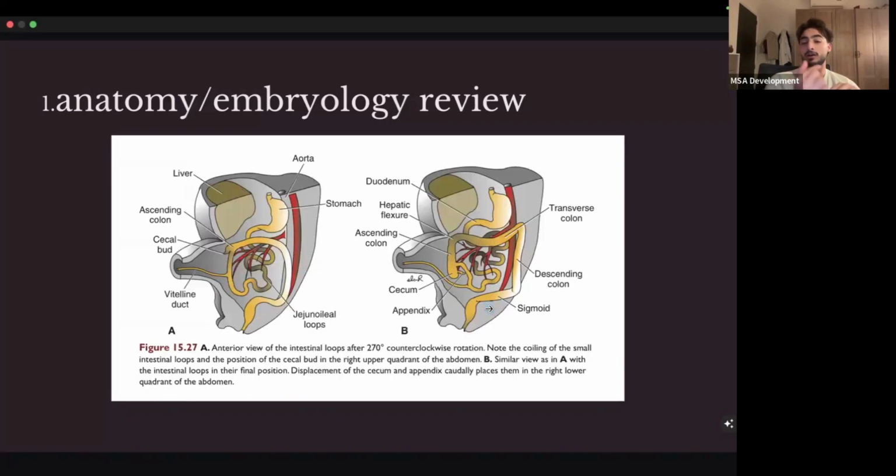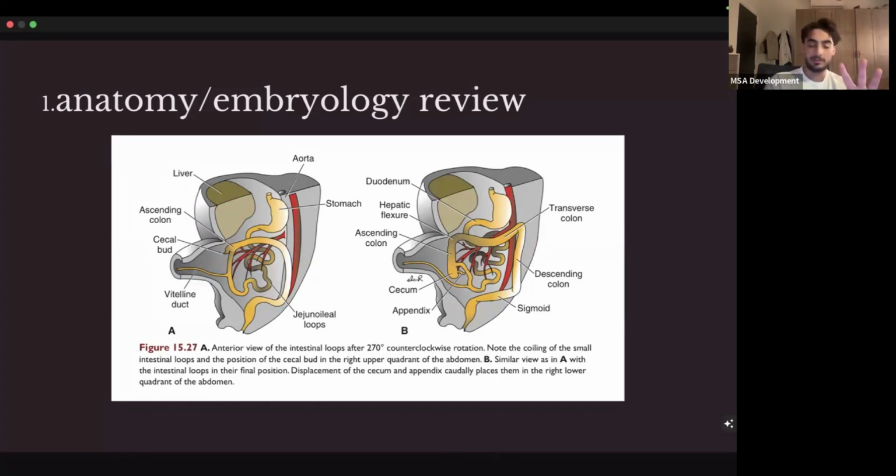It's going to rotate around 90 degrees. Okay. And then in the 10th week, it's going to retract back into the abdominal cavity. As you can see here, this was here before. It was in the umbilical cord, and it's going to retract back into the abdominal cavity and then continue the rotation another 180 degrees for a total of 270-degree rotation.